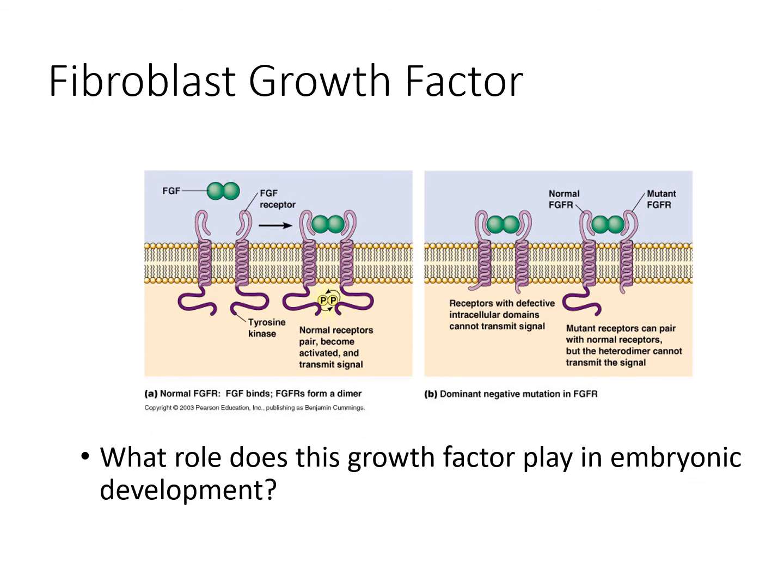And this is what we did mention before, where the example over here is the fibroblast growth factor, FGF, and do they have the same signal transduction mechanism as the EGF?